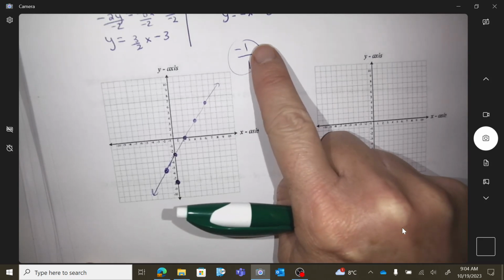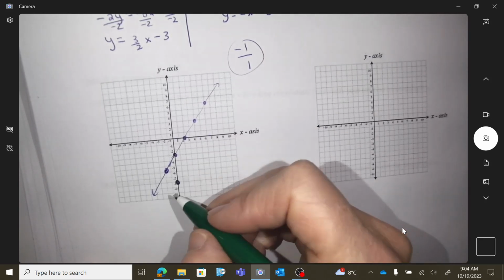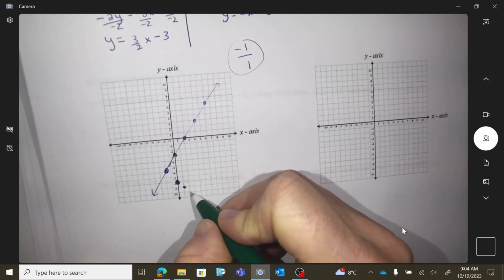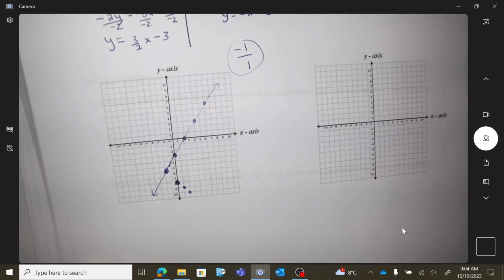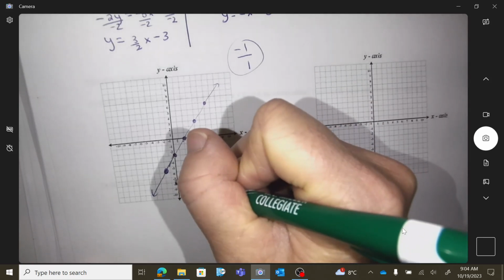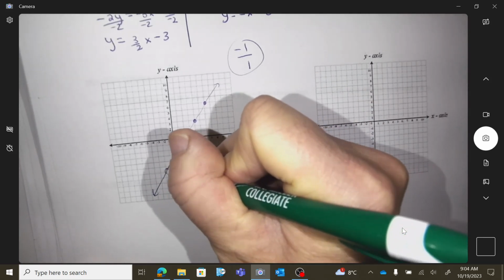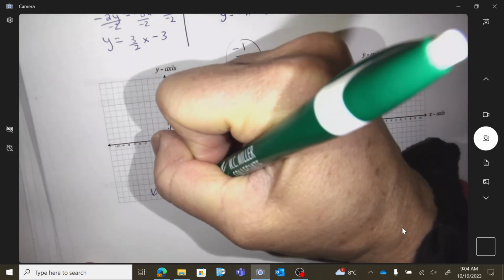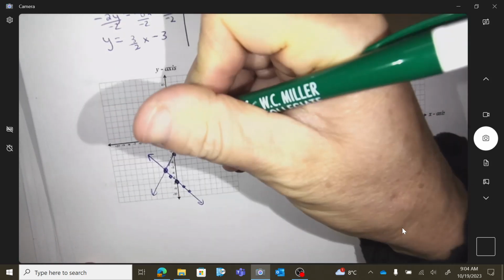So you're going to be going down 1, right 1 on the staircase. So down 1, right 1. And you know what I'm going to do? I'm going to back up that staircase. And then I'm looking for the intersection point.